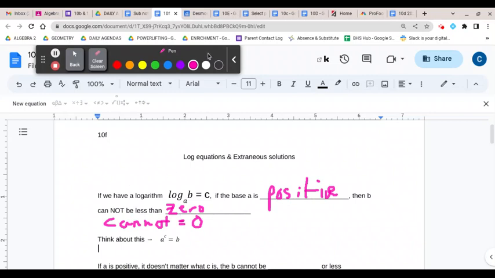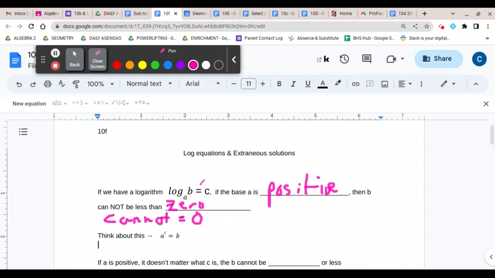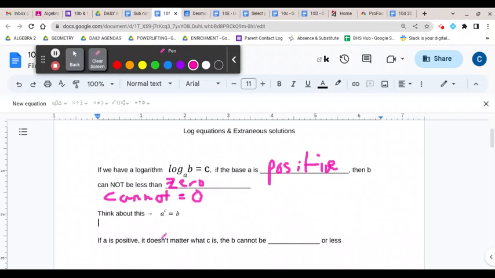Now the reason for this: if we rewrite this equation as an exponential, what it really is is a to the c power equals b. So if a is any positive number, just say it's 3, and we raise 3 to a positive number, we end up with a positive answer.